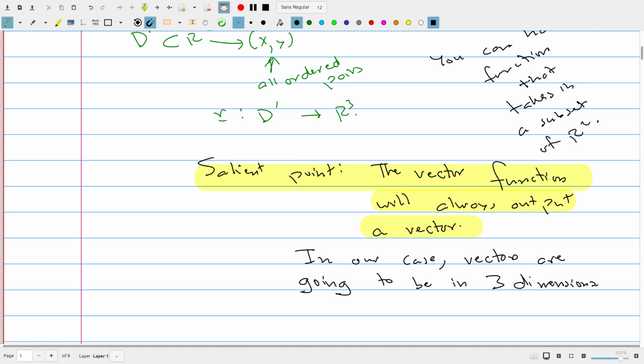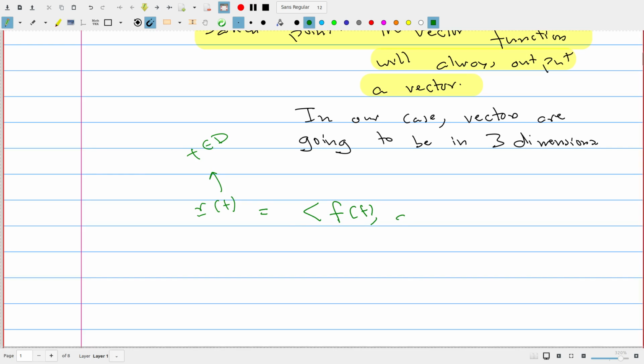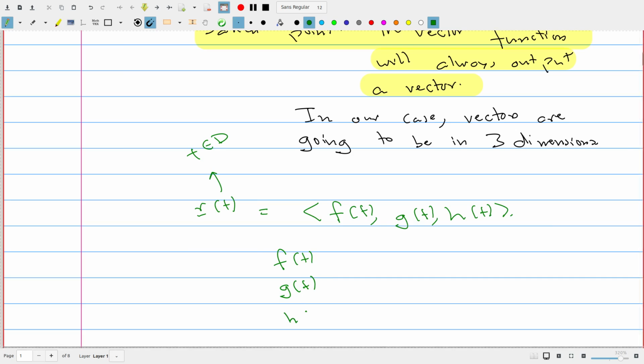For example, you can have a vector function r(t) that takes in t from the domain and spits out f(t), g(t), h(t).